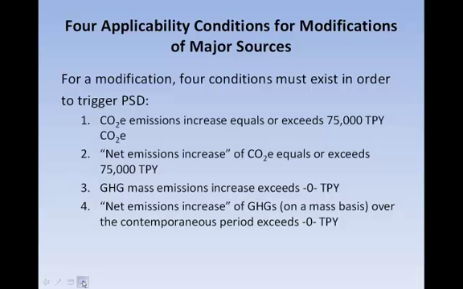The net emissions increase of CO2e equals or exceeds 75,000 tons per year as well. The greenhouse gas mass emissions increase exceeds 0 tons per year, and the net emissions increase of greenhouse gas on a mass basis over the contemporaneous period exceeds 0 tons per year.